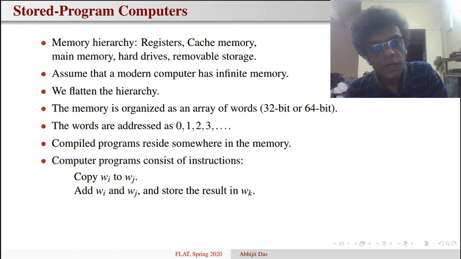Add two words, the contents wi and wj, and store the result in location k as word wk. This is a typical arithmetic operation. There is also a comparison operation, comparing wi with wj, maybe for equality, greater than or less than. And I also have jump instructions: jump to some given address L.